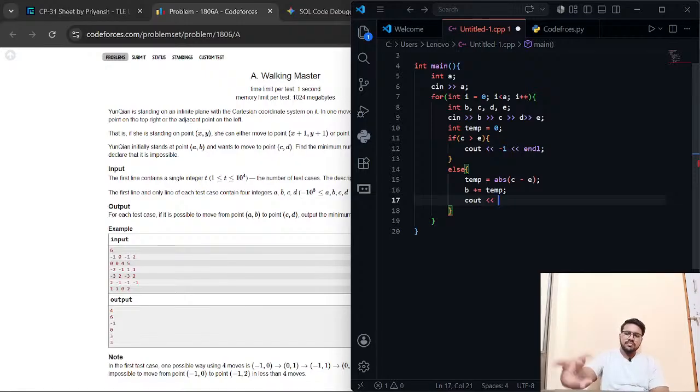Now we have to just print. Now temp is already having 5, we just have to add. Now it will be 5. You have to just take a difference between the new b and then C.